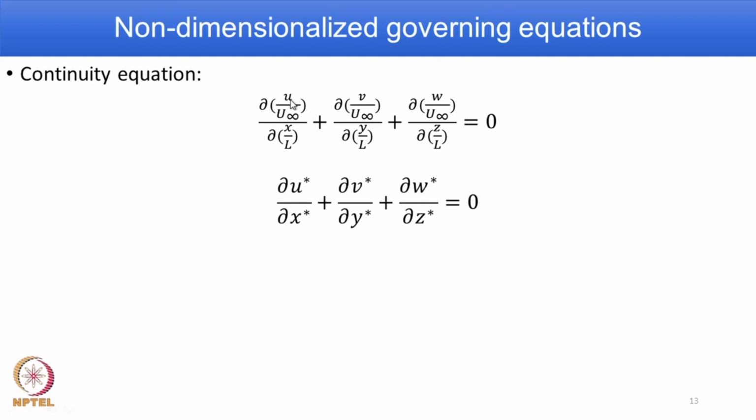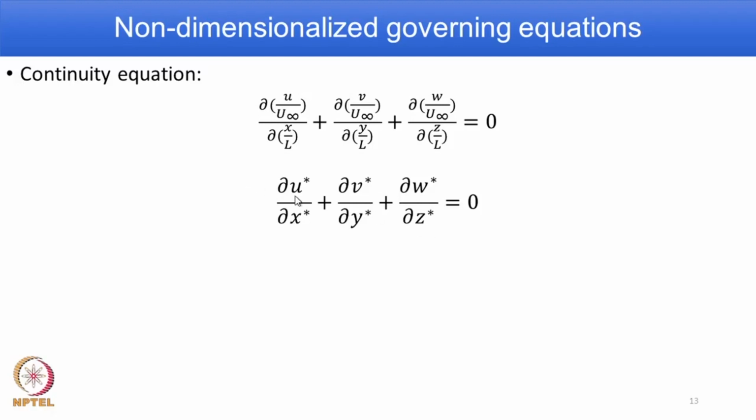We also define u/u∞ as u star and x/L as x star, and so on. So, we get ∂u*/∂x* + ∂v*/∂y* + ∂w*/∂z* = 0. This equation is the non-dimensionalized continuity equation.